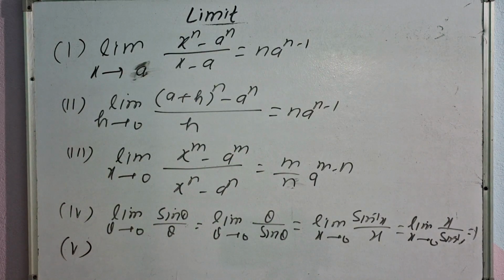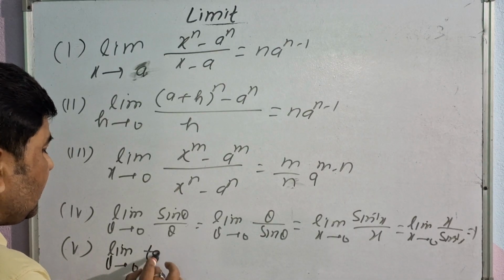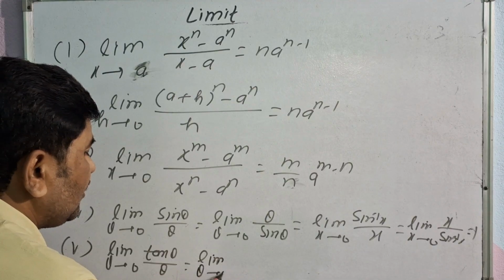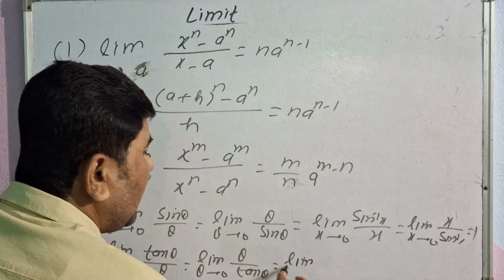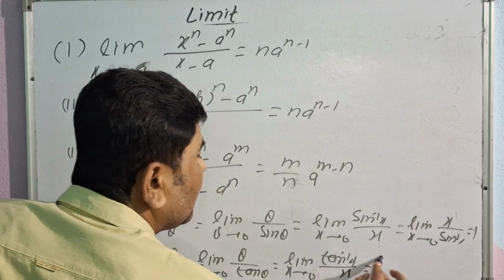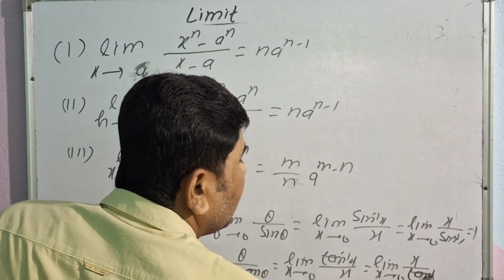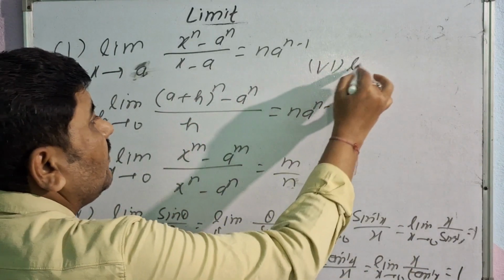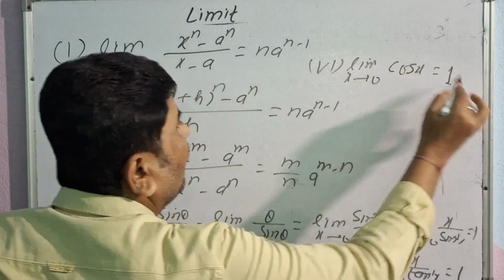Similarly, my fifth result is limit theta tends to 0, tan theta upon theta equals limit theta tends to 0, theta upon tan theta equals limit x tends to 0, tan inverse x upon x equals limit x tends to 0, x by tan inverse x equals 1. My sixth result is limit x tends to 0, cos x equals 1.